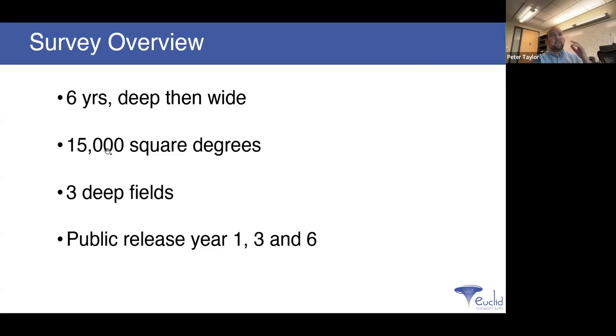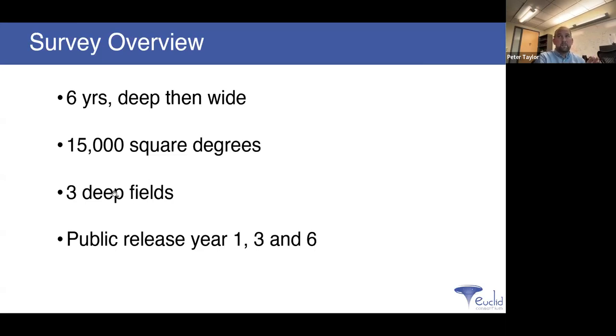So like I said earlier, in the spectroscopic sample, we're expecting about 35 million H-alpha emitters between a redshift of about 1 and 2. And then on the photometric side, we're expecting an effective number density of about 30 galaxies per arc minute squared. So these are kind of comparable numbers to LSST. And then compared to DES, we've got about 3 times the area and 3 times the number of galaxies.